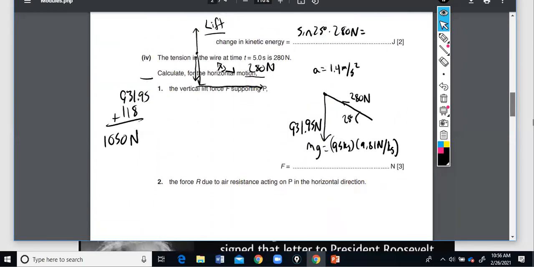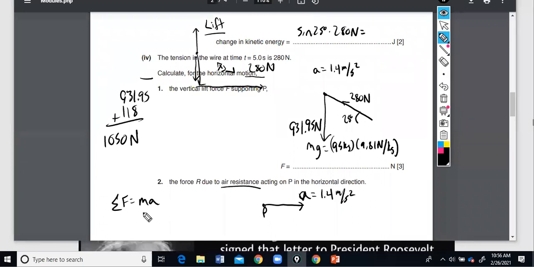The force R due to air resistance acting on P in the horizontal direction. So now we're thinking about what's the drag force R. So you had the paraglider P, moving along this way with a velocity and an acceleration, right? They're accelerating in this direction at 1.4 meters per second squared, which means there's a net force in that direction to cause that acceleration.